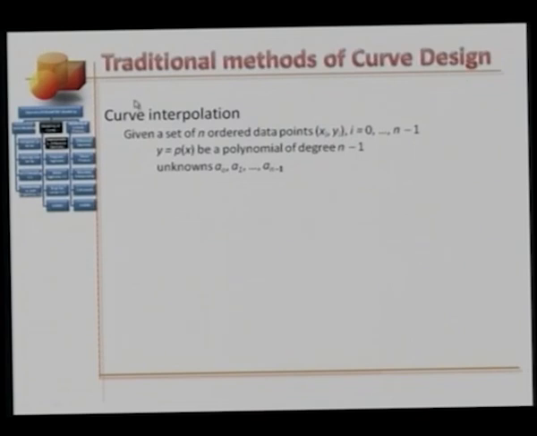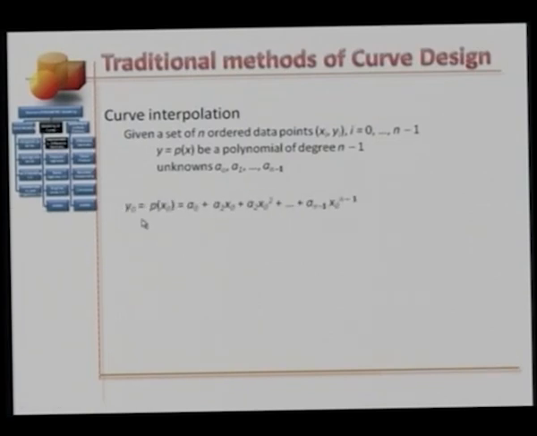The polynomial will be of the type a sub 0 plus a sub 1 x plus a sub 2 x squared, and so on and so forth. The unknowns will be the coefficients a0, a1 up till a sub n minus 1.